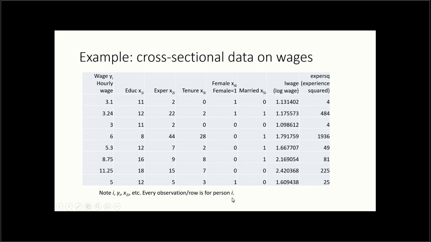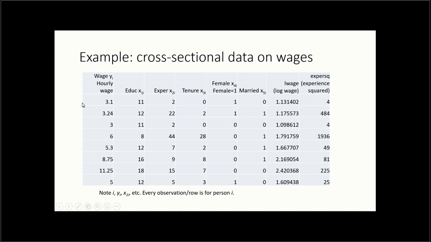So note here the notation of i, y_i, x1_i, and so forth. So y_i is the value of the dependent variable for the ith observation or the ith row in the data, or for the ith person. Now, in this data, I don't have, say, the names of the people that this data belongs to.